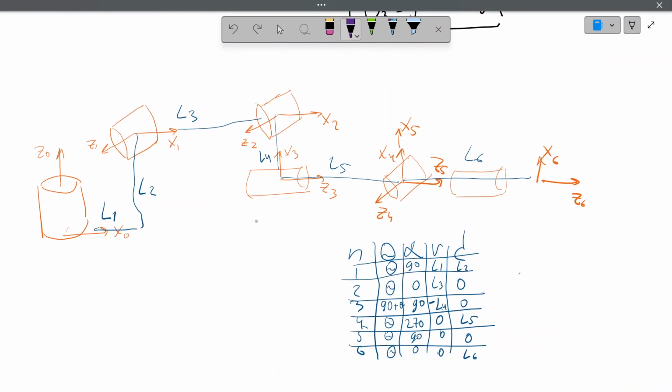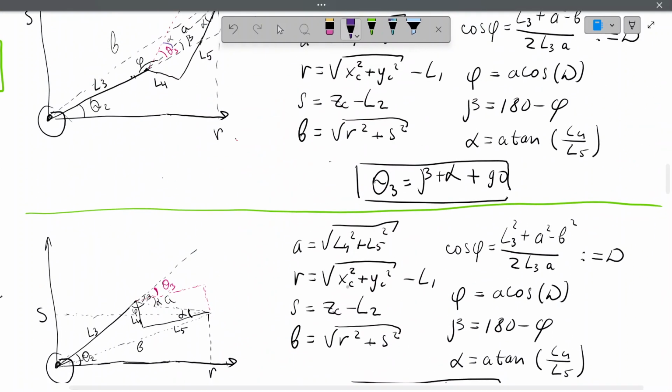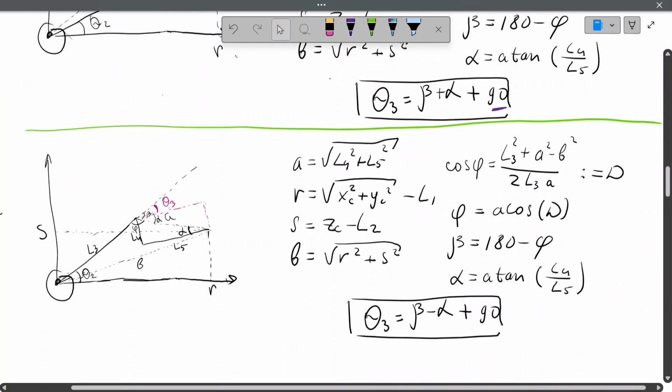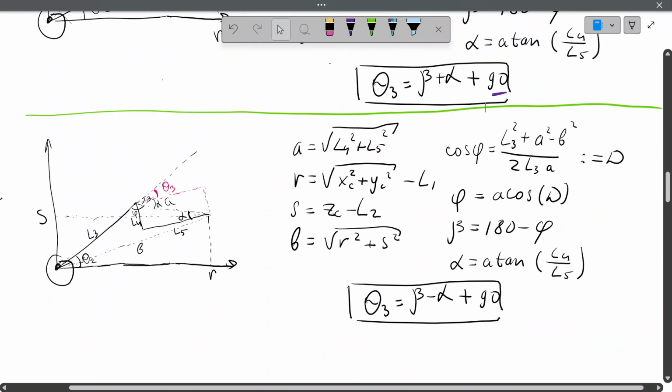If we again draw every axis, redraw it this way and make the DH table, we will see that for joint number 3 we need to add 90 degrees. So that's why we also add 90 degrees here, just based on the table we created. So this configuration is pretty similar, but here the final result, if we calculate this, will be beta minus alpha plus 90. Just the sign is different.